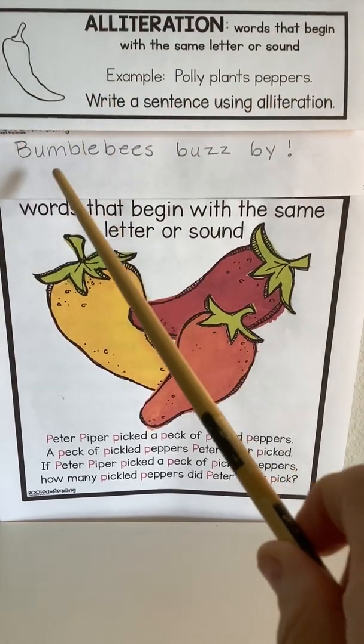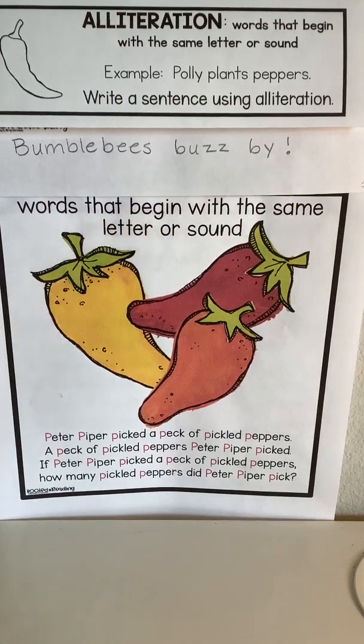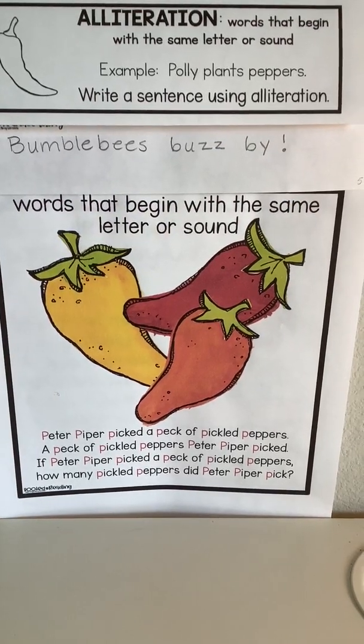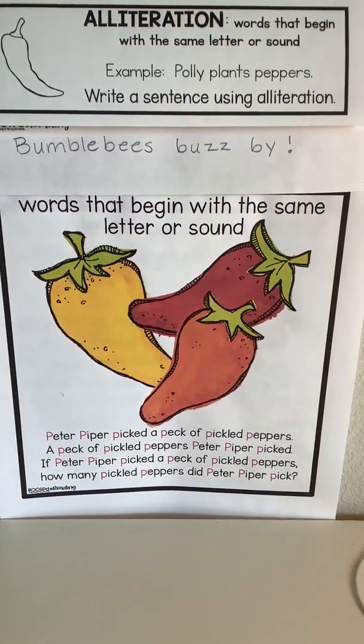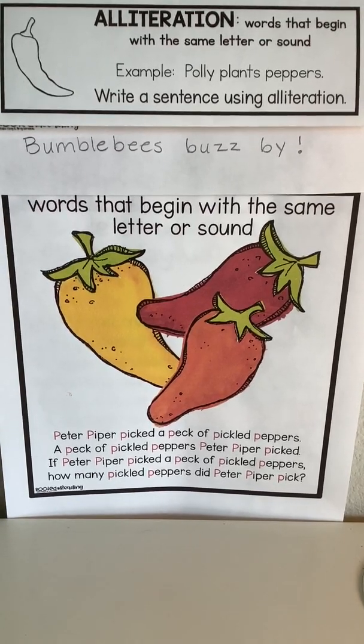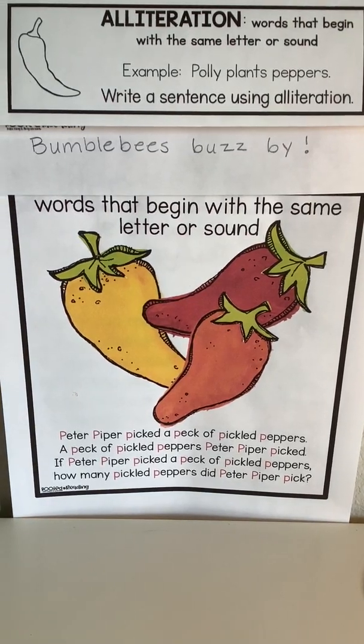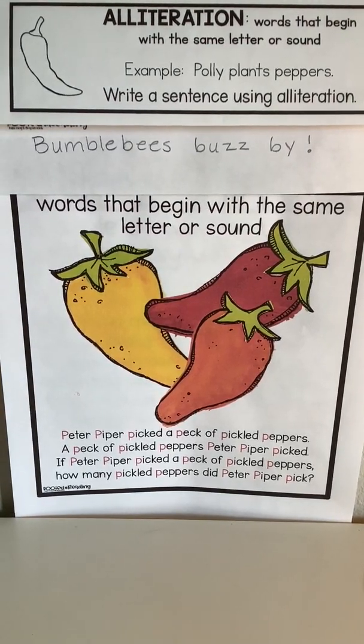The sentence I used is bumblebees buzz by. Sometimes if you have a hard time thinking of a sentence, you can try using the first letter of your name and try to think of things that you like that begin with that letter.